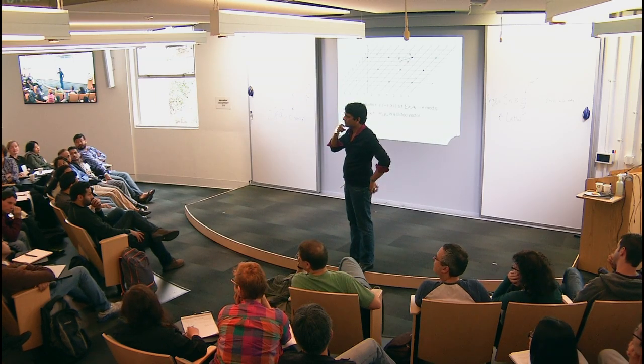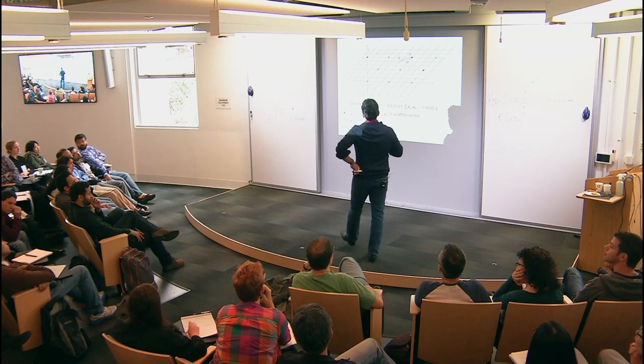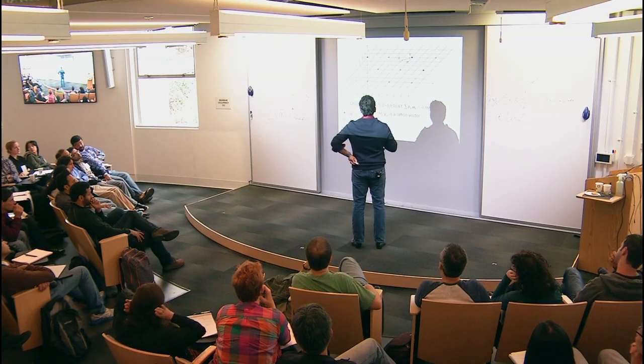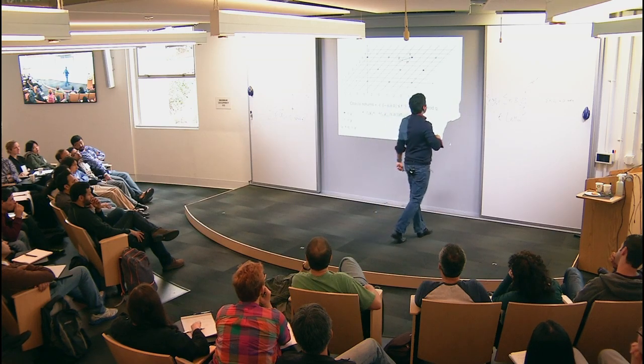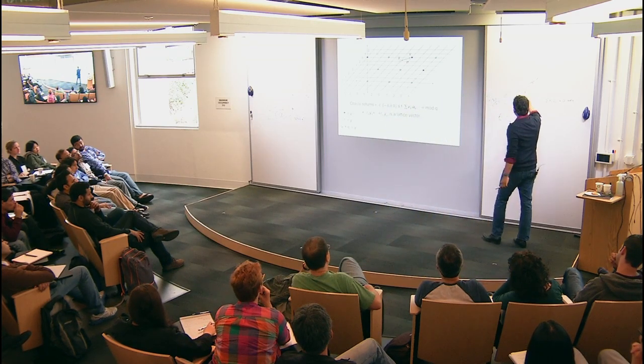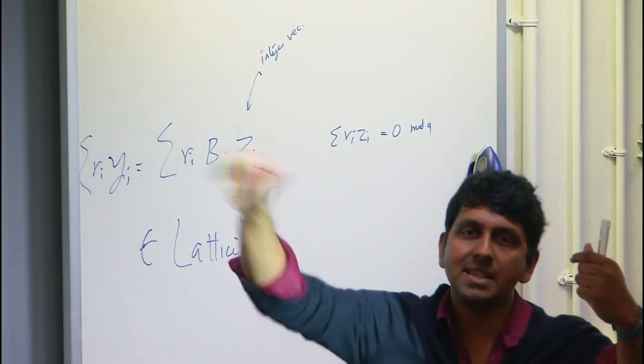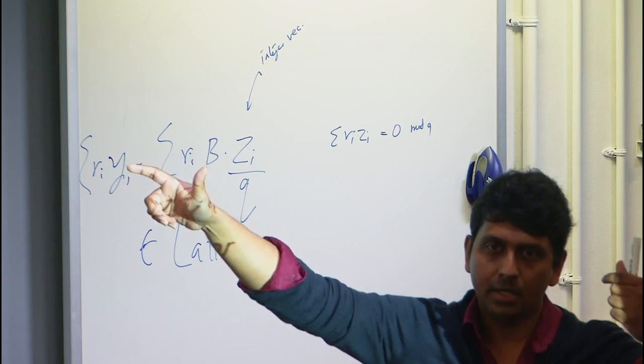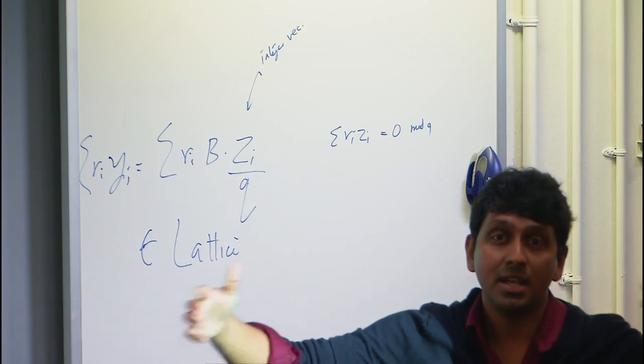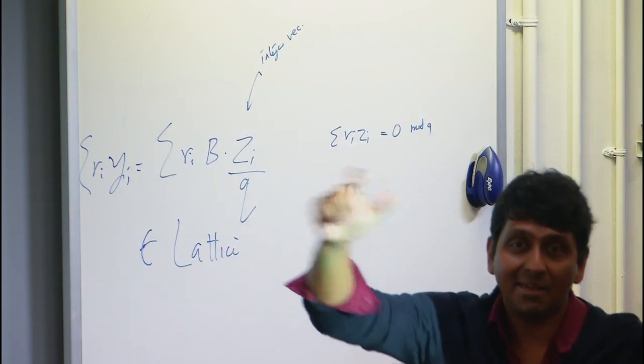Yes? What happened to the error, the Ei? Is the Zi over Q that's Yi or that's Bi? The Zi over Q is the coefficient of Yi. So write Yi as B times something. I can always write any vector in the space as B times something.